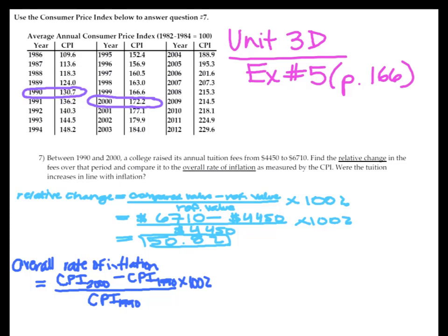Okay, so we can substitute the values that we know. So the consumer price index in 2000 is 172.2. Again, I'm getting this from the table. We can see that the consumer price index in 2000 is 172.2.